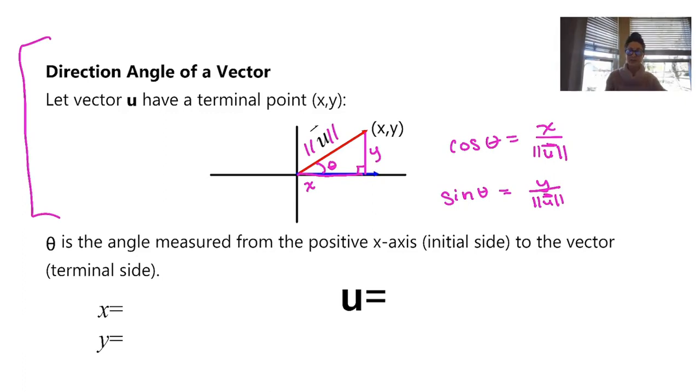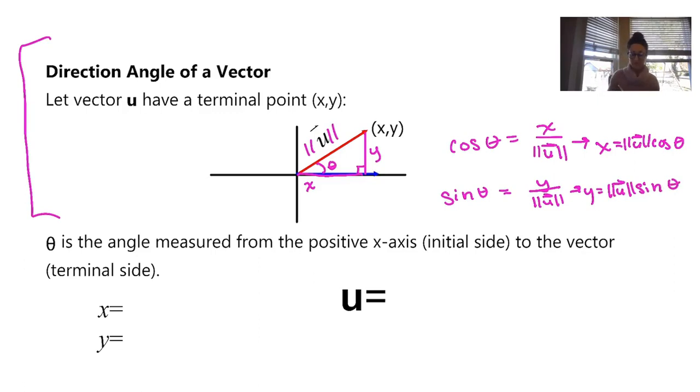Now, if I look at the first equation we have there and wanted to solve this for x, I would get that x is the magnitude of the vector u times cosine of theta. Okay, and similarly here, if I wanted to solve for y, I would multiply both sides by the magnitude of u. So y would be the magnitude of u times sine of theta.